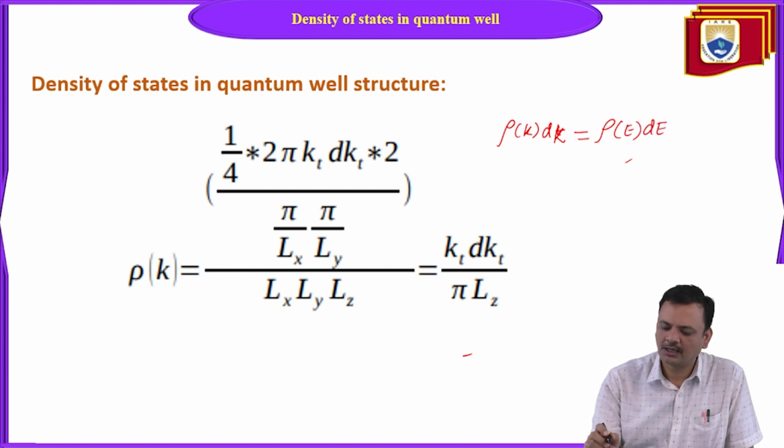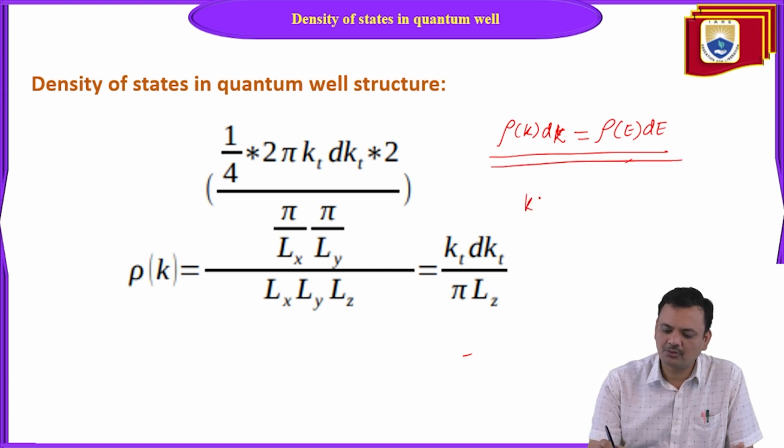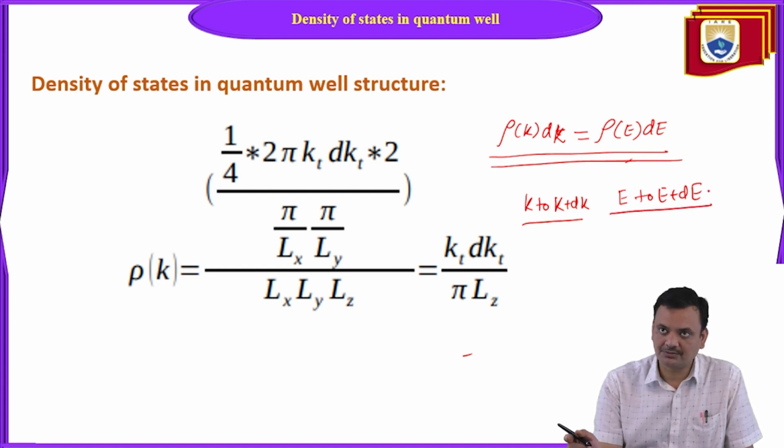That is, the number of available states in the range k to k plus dk per unit volume is known as density of states, or in terms of energy, the number of available states in the energy range E to E plus dE per unit volume is known as density of states. And this is for the bulk case.